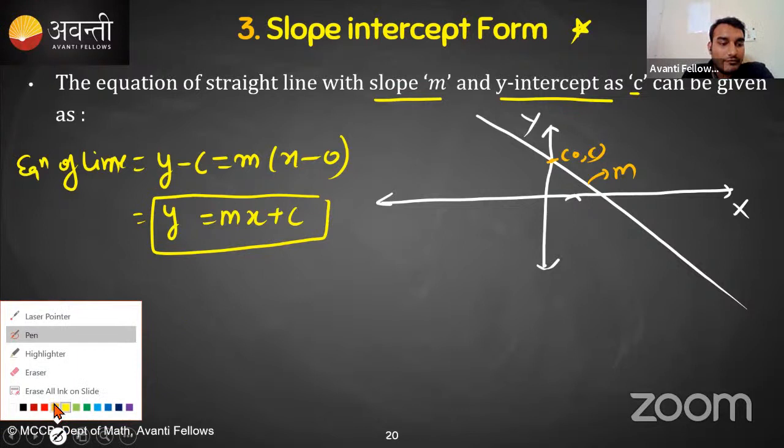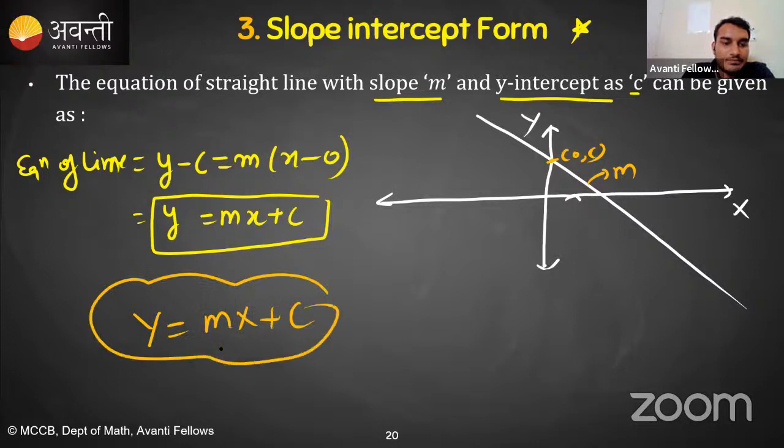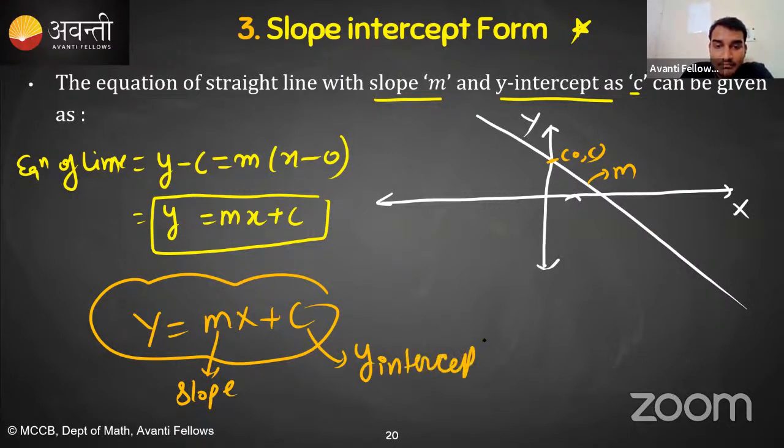So if you see an equation like y is equal to mx plus c, it means this is the slope and this is the y intercept of the line. Clear? y is equal to mx plus c means c is the y intercept of the line, slope is m. Is this clear, students?